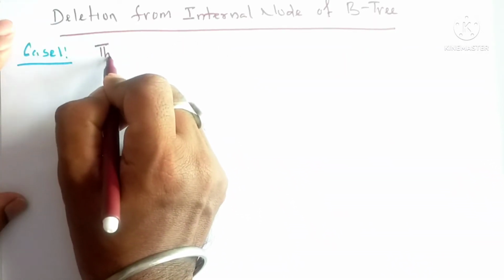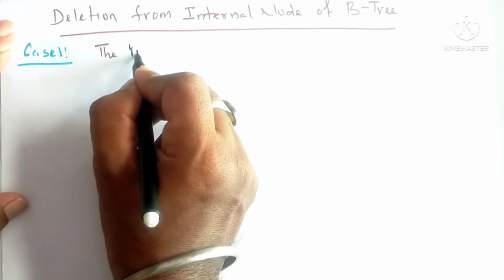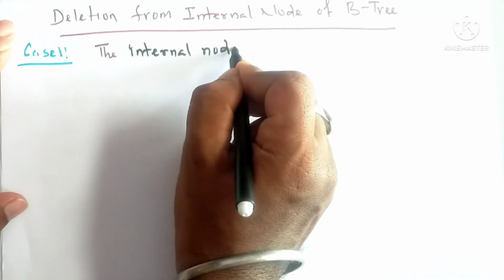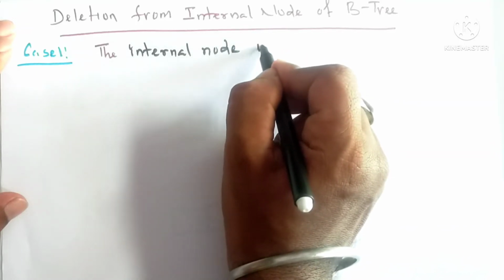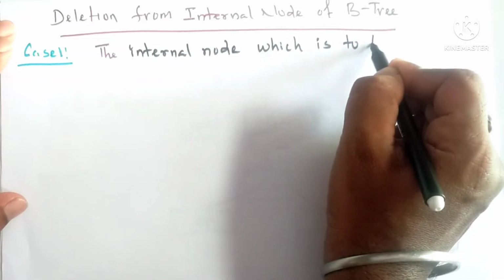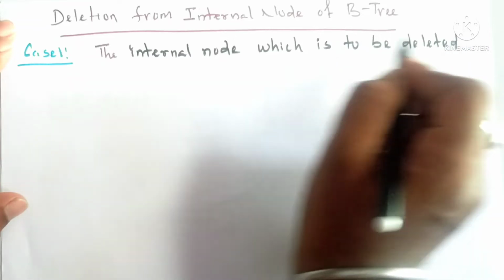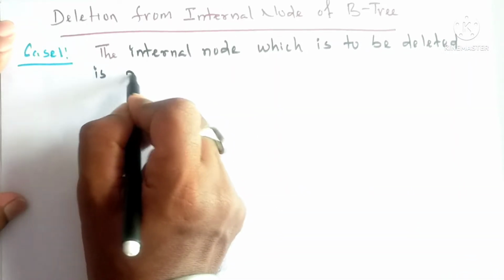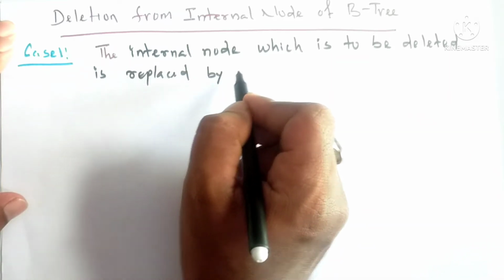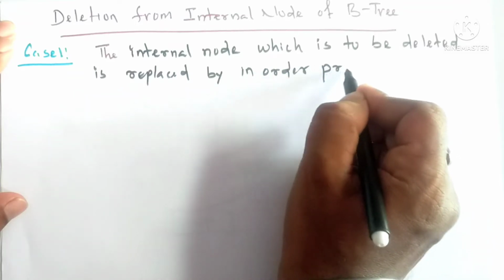The internal node which is to be deleted is replaced by the inorder predecessor.